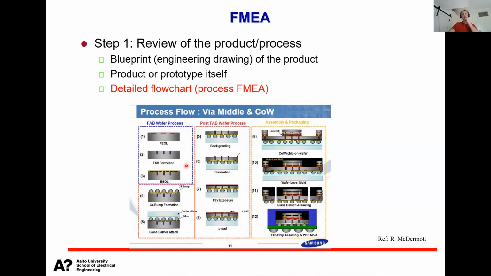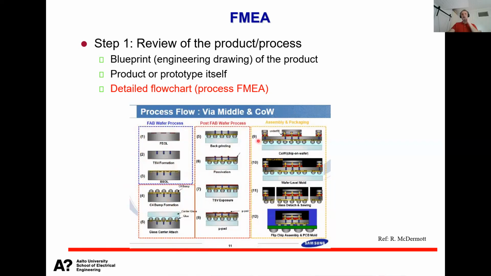So we have first the fab process, the wafer level process, meaning that this is the so-called front end of line. So the actual transistors are manufactured into the silicon wafer, then we have back end of line, meaning the metallizations, then you have the solder bumping, and so on.